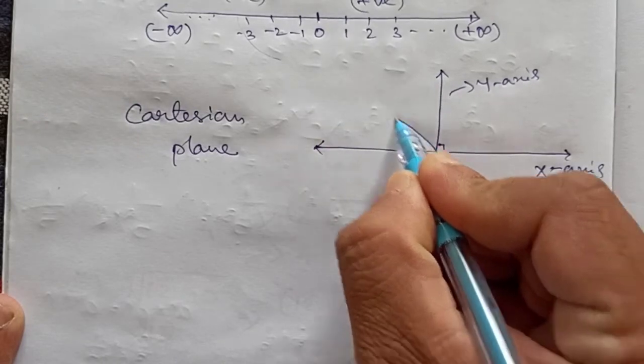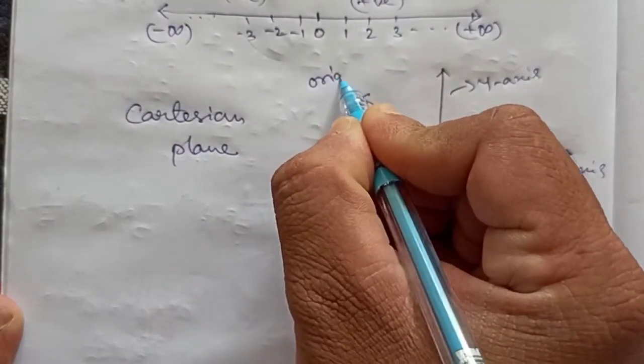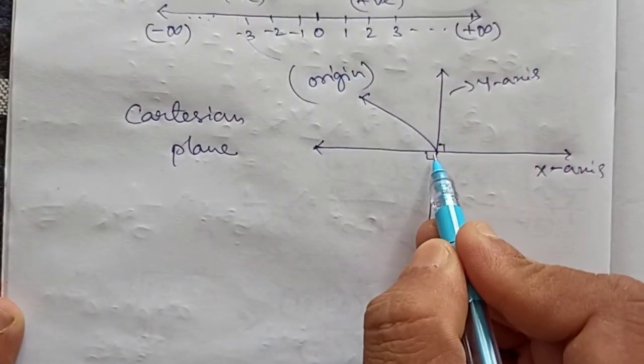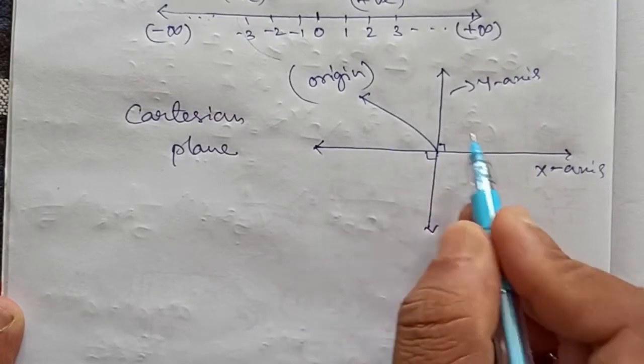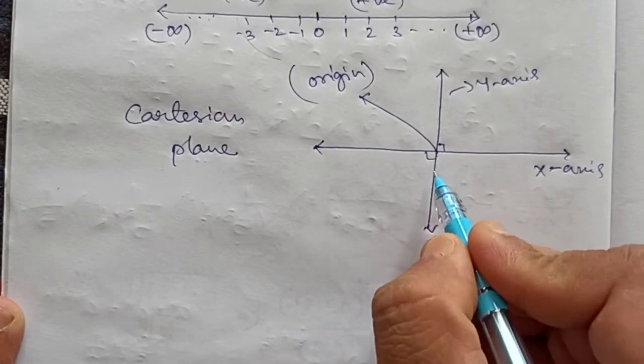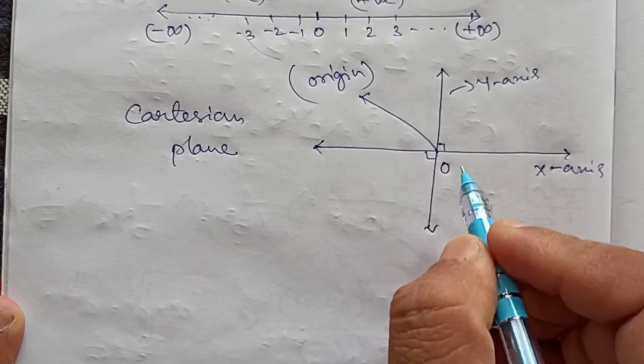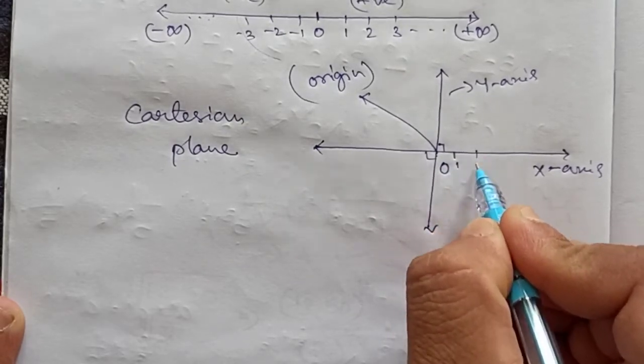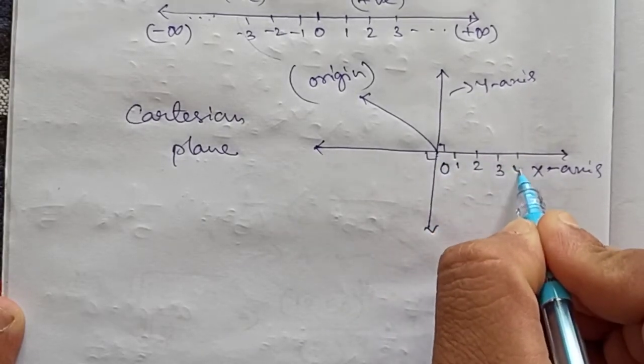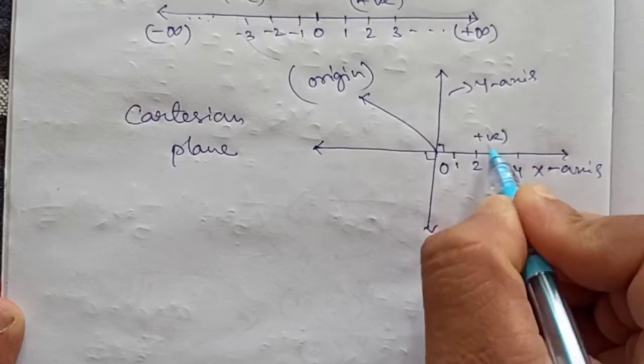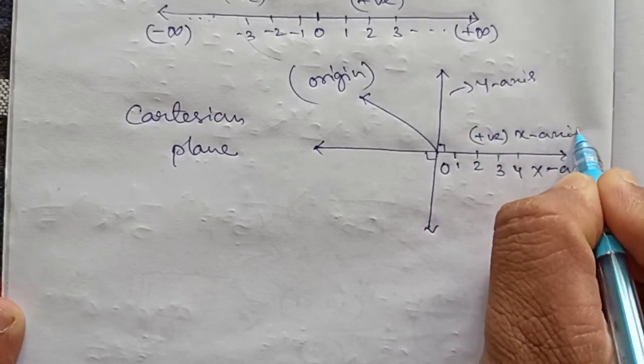This is called the origin. The intersection point of the x-axis and y-axis is called the origin. We can denote it by O. This side all the numbers are positive, that's why it is called the positive x-axis.